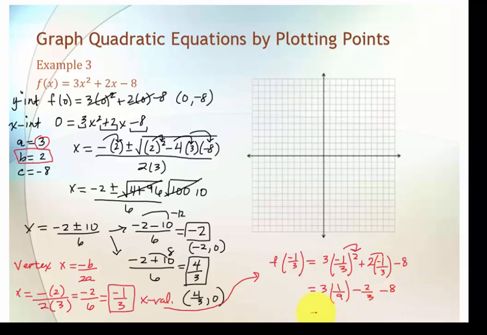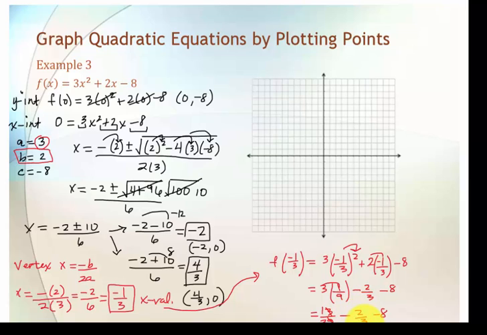Multiplying by 3, our first fraction now becomes 3/9 minus 2/3 minus 8. So we'll need to work with these fractions here. The only way we can add and subtract with fractions is if we have a common denominator. So we could reduce 3/9, that's the same as 1/3.